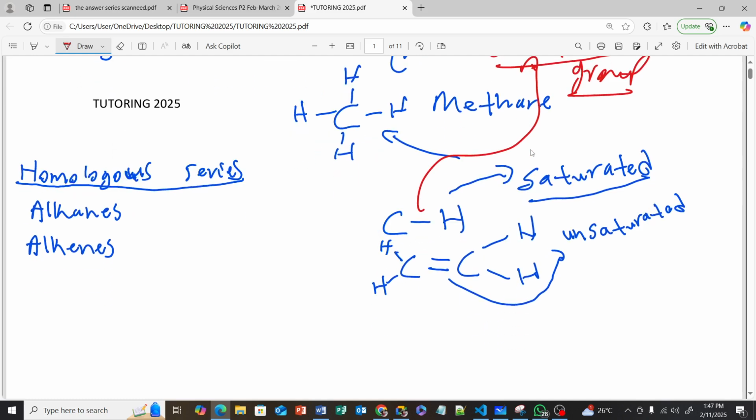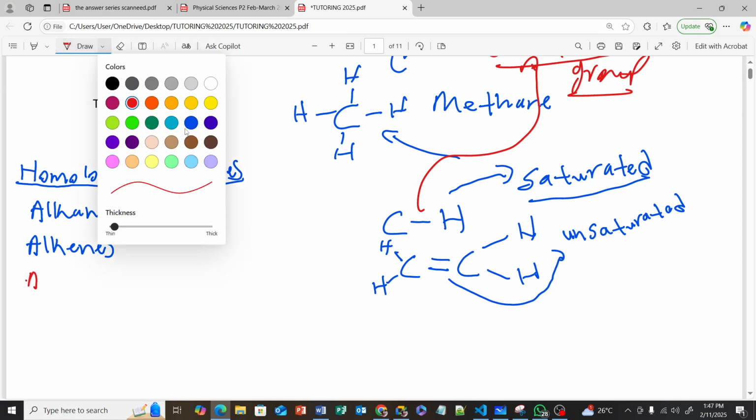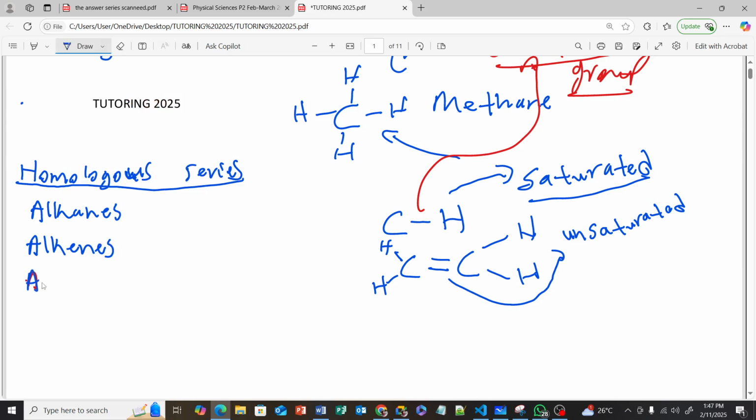Now let us move on. We have alkynes. So now we will have the alkynes. Now alkynes are different also from the alkenes by doing what?